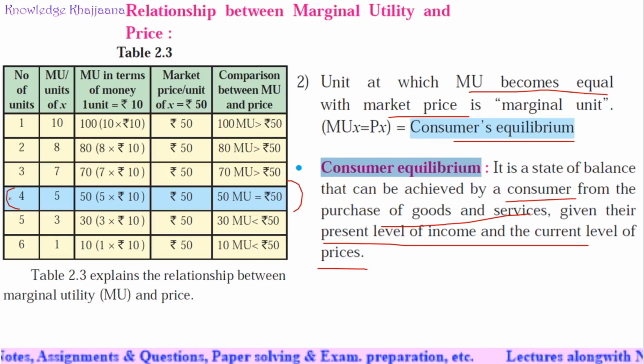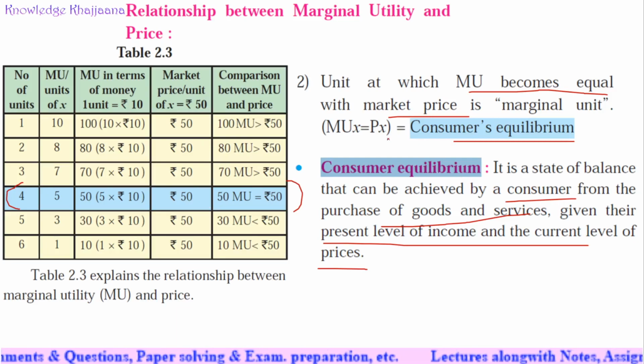Simply, after consuming the fourth unit of ice cream or any commodity, the marginal utility he got in this example is equal to the price of that commodity.